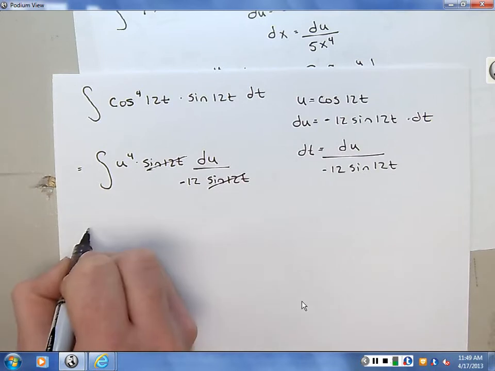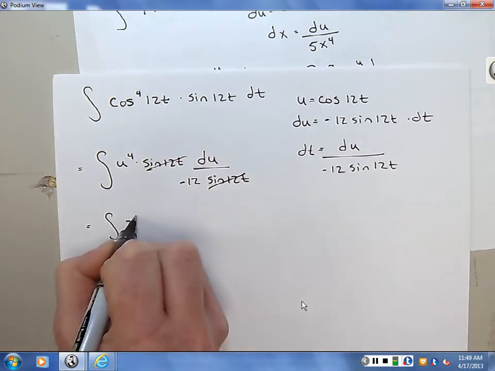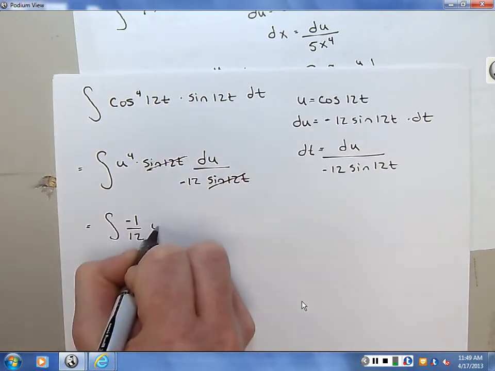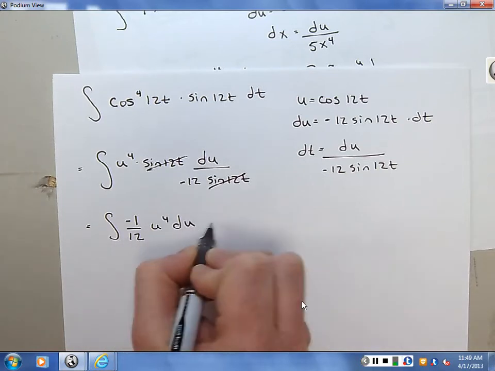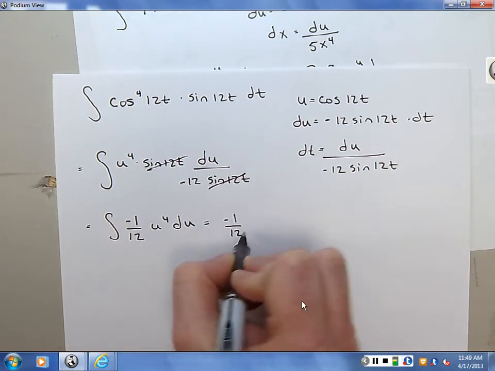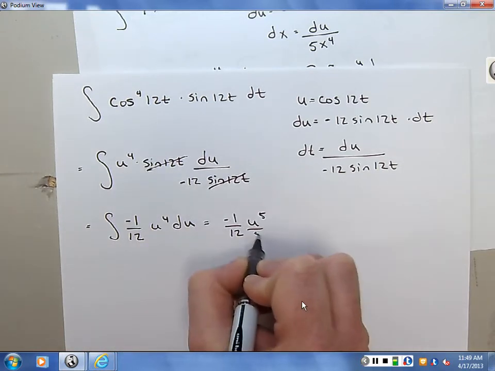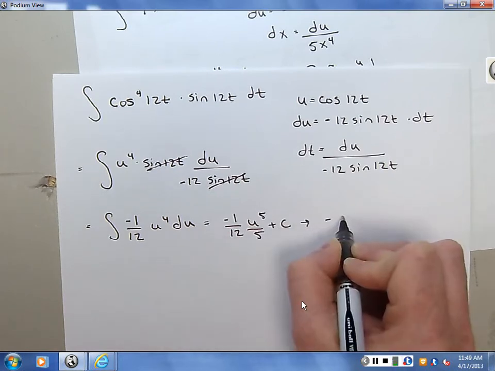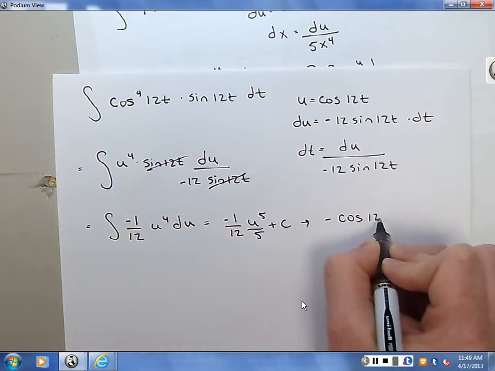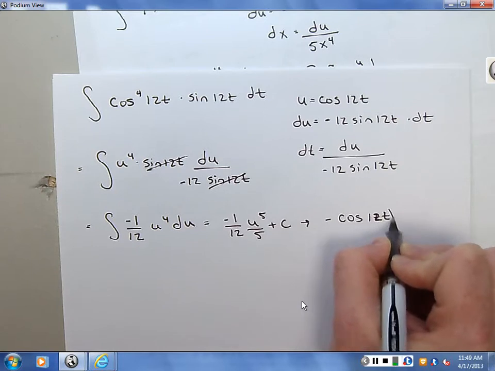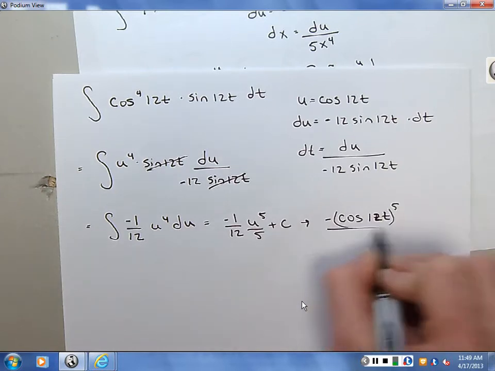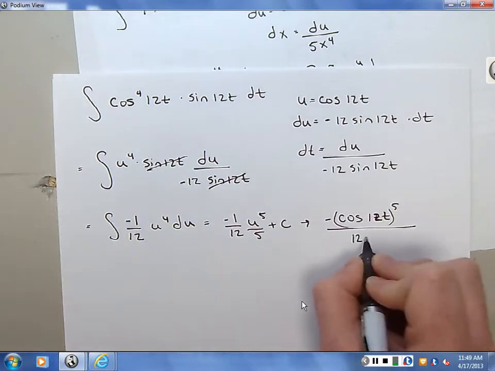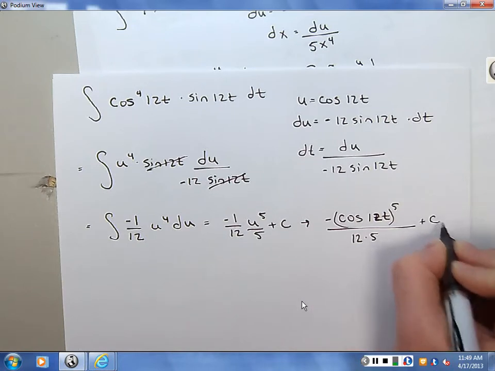So now I'm left with the integral of minus 1 over 12 u to the 4th du, which is minus 1 over 12 u to the 5th over 5 plus c, which would be minus cosine of 12t to the 5th power divided by whatever 12 times 5 is, 60.